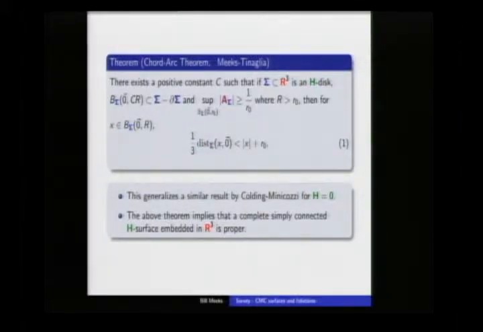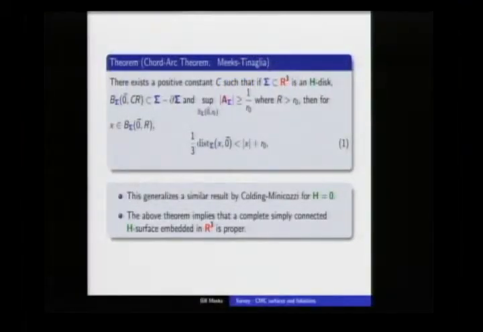So if you go out to distance r, then you obey a chord arc property. So you really start traveling away from the origin. As you move away from that point, you move away from the origin at a definite rate. There's a little R naught here, but basically you move away from the origin at a good rate.